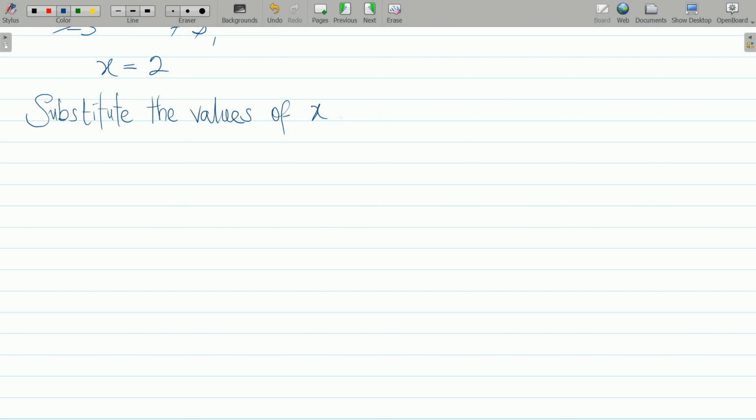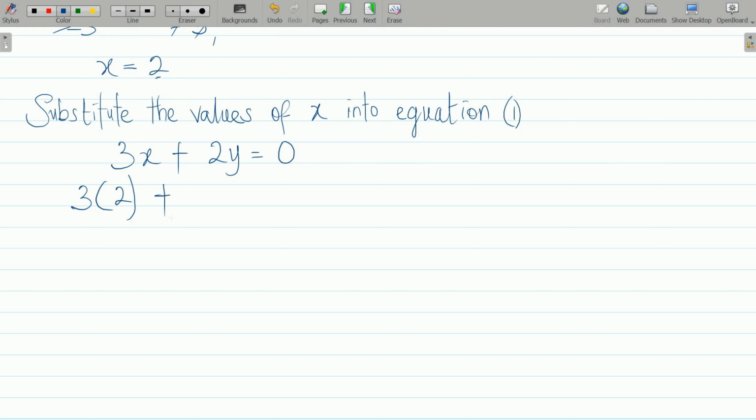Now we can substitute the value of x into equation 1. Equation 1 is 3x plus 2y equals 0. Then we substitute x with 2. 3 times 2 is 6.